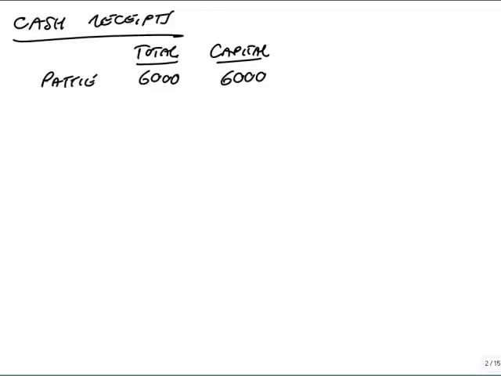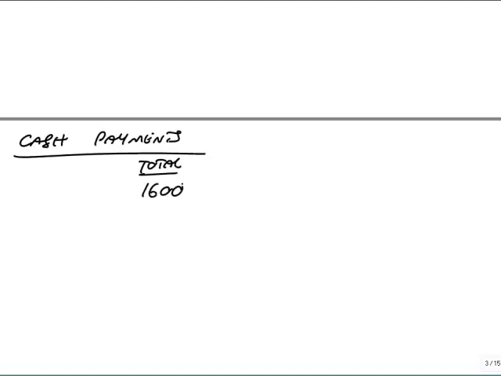Let's do another one. B. The business buys chairs for 1,600 cash. Well, I hope easy enough, but which book? Cash payments book. So turn to your cash payments book. In the total column, we paid 1,600. Right, whatever you want against it, I'll write chairs, but it doesn't matter.